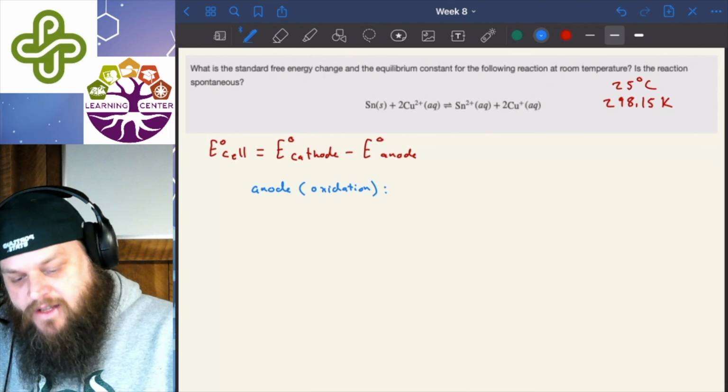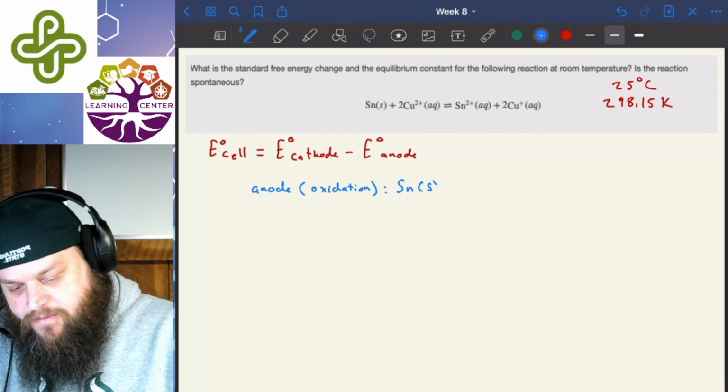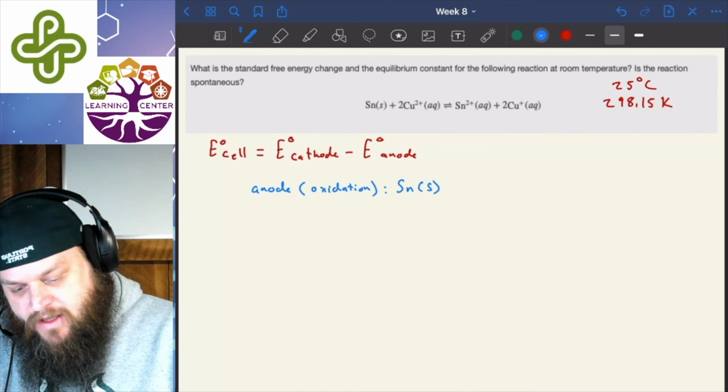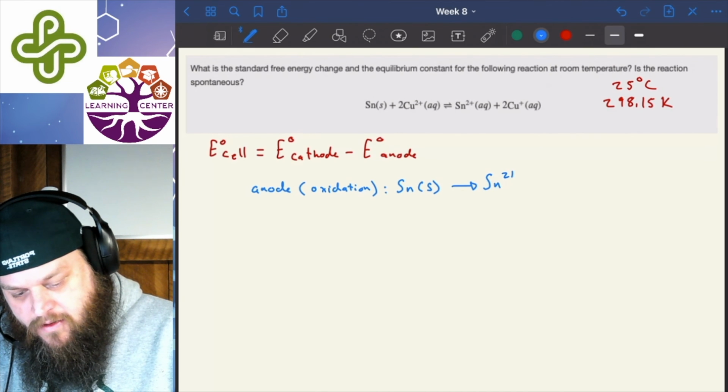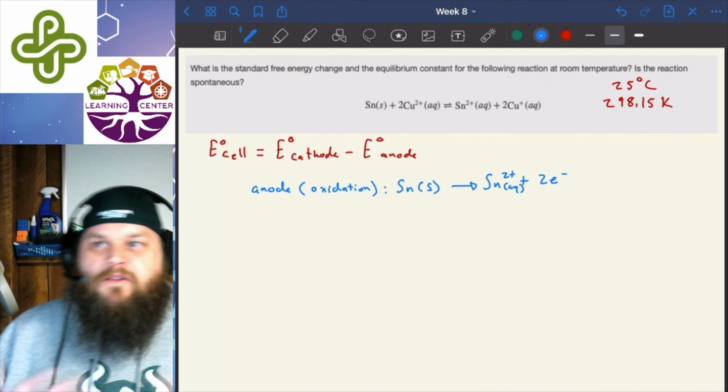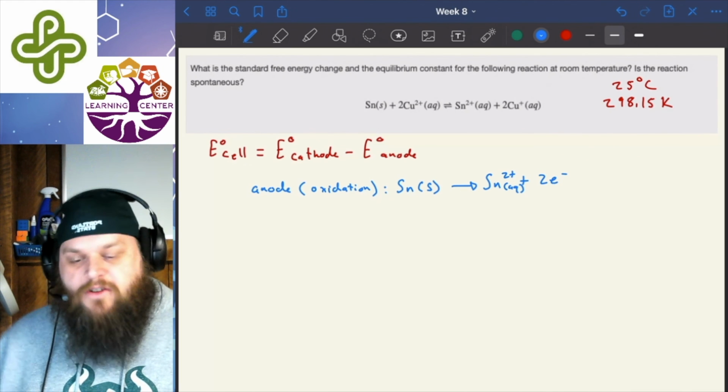In this case, that's the Sn solid, because it is producing Sn2+ aqueous plus 2 electrons. It's losing those electrons. It's becoming more positively charged.